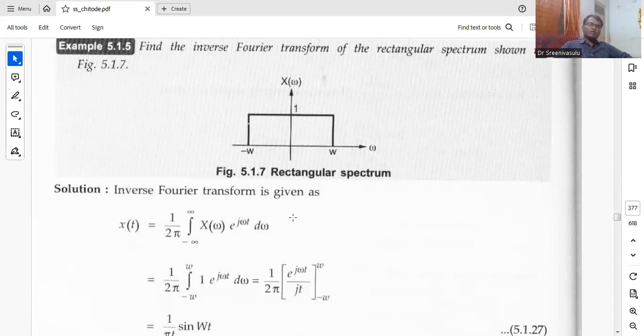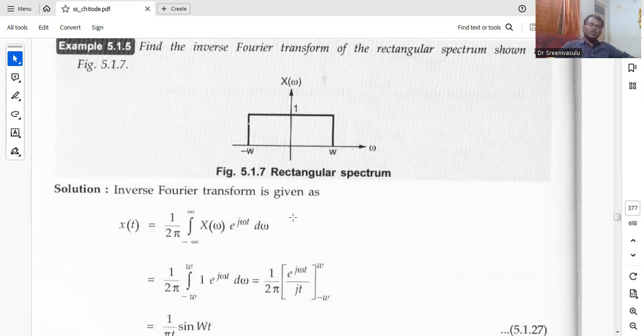Now, considering the frequency domain as a rectangular pulse, you will get a time domain signal that is a sinc function. So there is a vice versa Fourier transform pair. If you take a rectangular pulse in time, the frequency domain is sinc. If you take a rectangular pulse in frequency, the time domain is sinc.